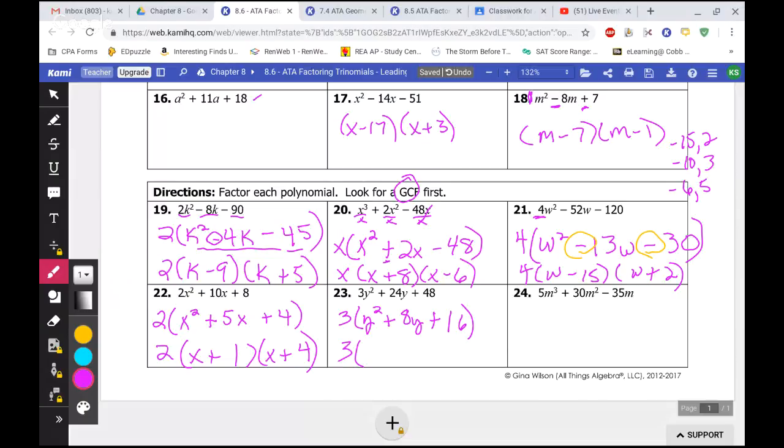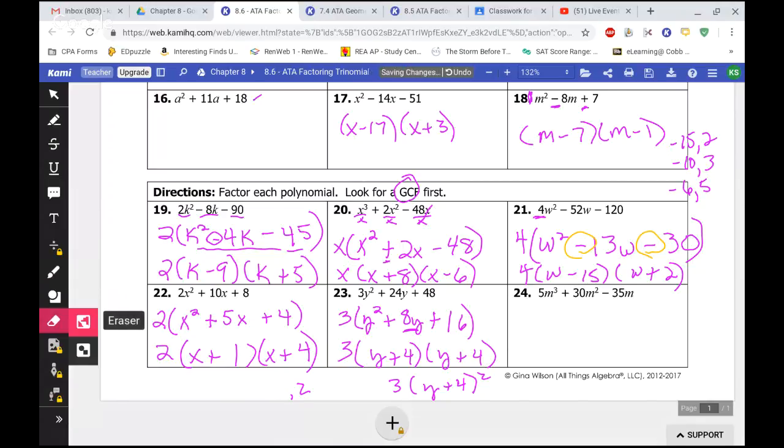Anybody know what those are? 8 and 1 give me 8. There's 8 and 2, but that would give me 10 here. 8 and 2 is 16. What are some other factors? Yes, 4 and 4 multiply together to give you 16, and you could actually write this like this if you wanted to. 4 and 4 multiply to give you 16, but add to give you 8.